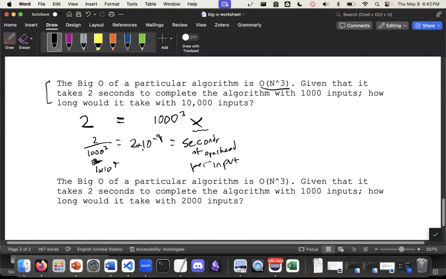And now that we know this number, we want to know how many seconds it takes to process this with 10,000 inputs. So we cube that, and then we bring in our 2 times 10 to the negative 9. We do the math, and that turns out to be 2,000 seconds.